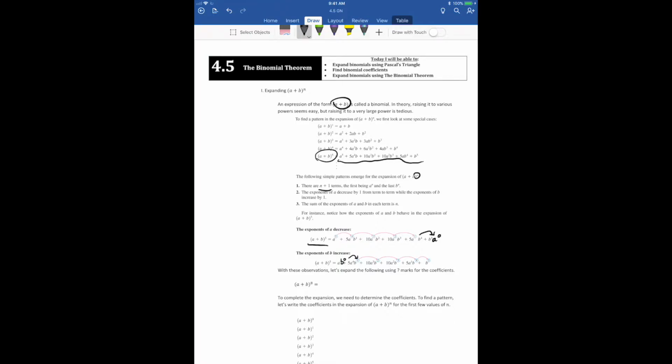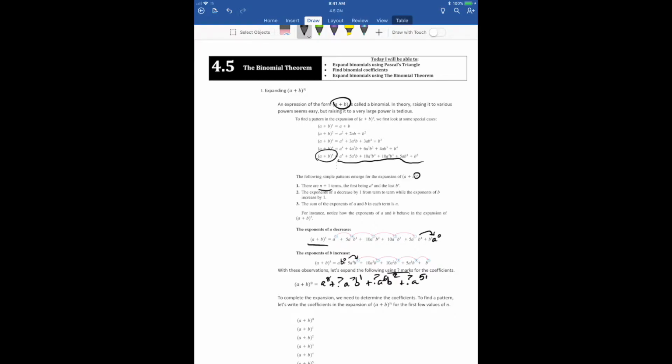So with these observations, we could expand something like a plus b to the 8th power. We'll ignore the coefficients for now, but we know that we'll start with a to the 8th plus, we're going to use question marks instead of coefficients, plus a to the 7th, but now b is starting to increase.